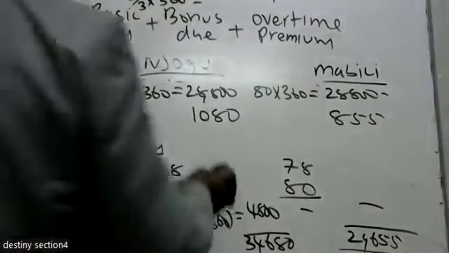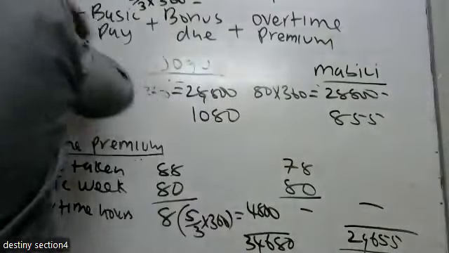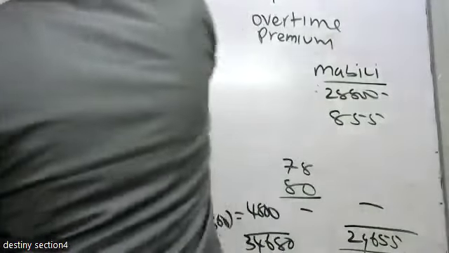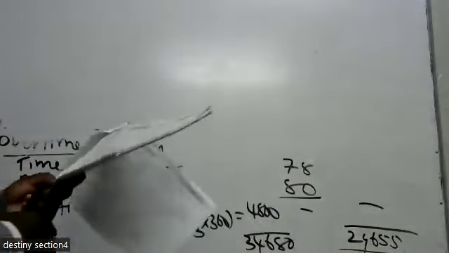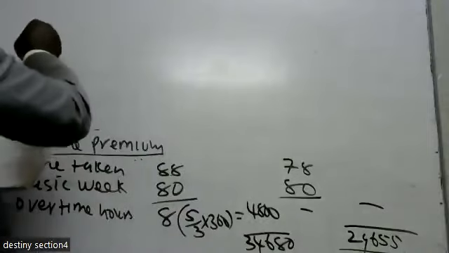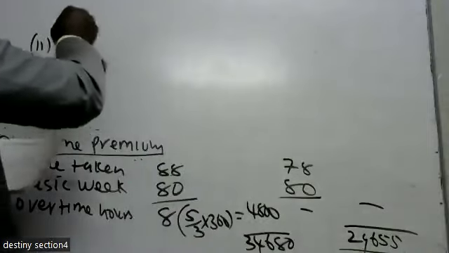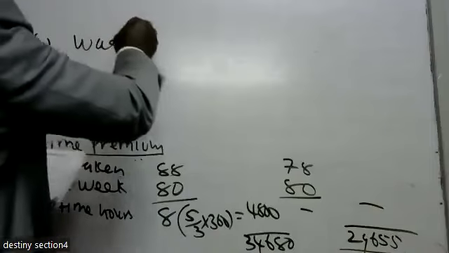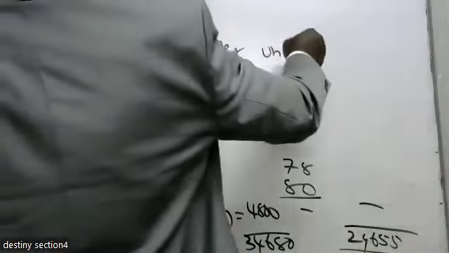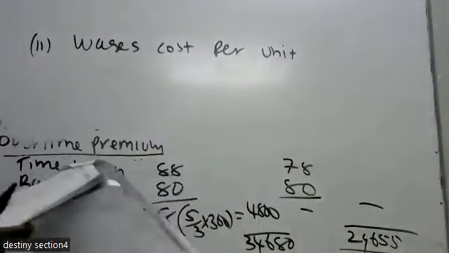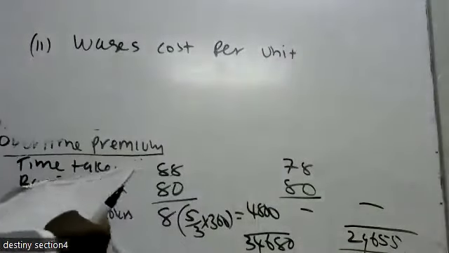So now after that, we can now calculate the wages cost per unit. So for part 3, we compute the wages cost.